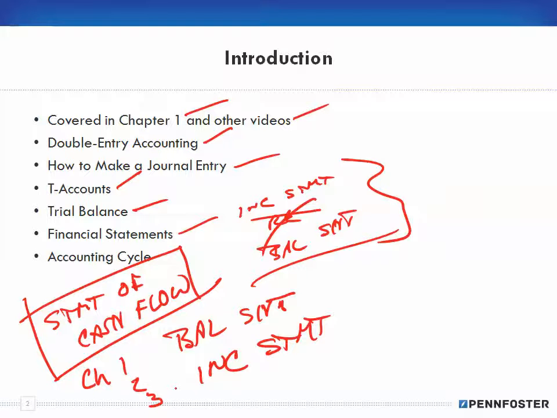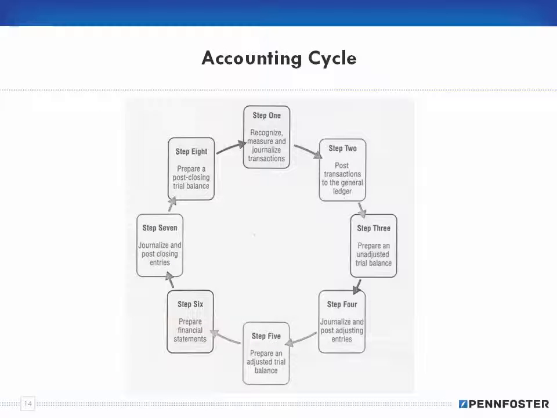So the statement of cash flows is another common statement that's used in businesses, the next most common statement, and it gets a special presentation in its own chapter later in the text. Since we've covered the financial statements, income statement, statement of retained earnings, and balance sheet, and how they're formatted, the last thing we want to talk about here is the accounting cycle.